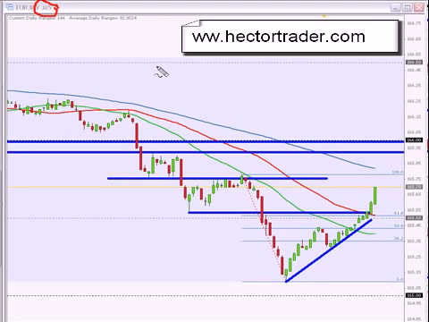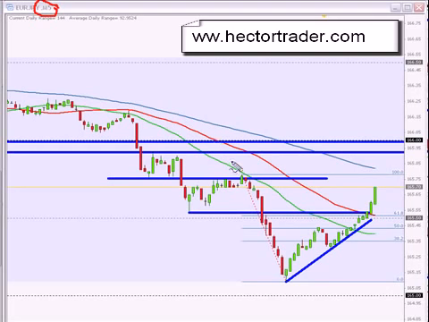I'm more of a swing trader than a scalper. But nonetheless, I wanted to show him that it's perfectly possible to implement this technique, the 3 simple moving average system, from a scalper point of view.